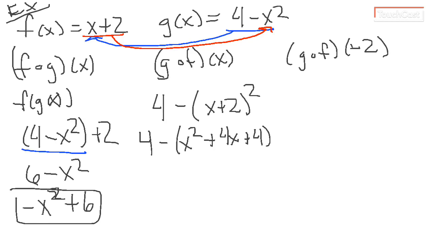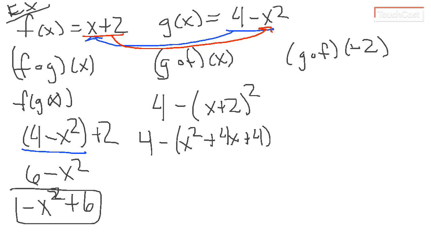We can go a, which is x in this case, a squared plus 2 times a times b, and b is 2. 2 times a times b would give us the 4x plus b squared. And since b is 2, b squared would be 4.